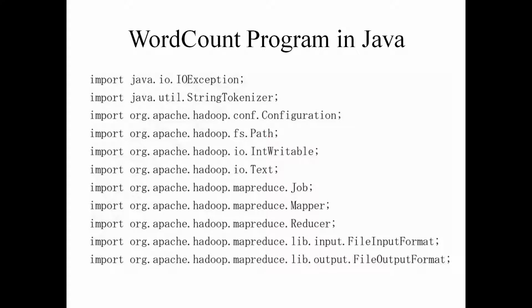Then IntWritable because we are using integer variables, and a Text variable. Then we'll be using job creation to execute the mapper and reducer functions. We'll be using the extended Mapper class of Java and the extended Reducer class. We'll also specify the input format and the output format of the program.